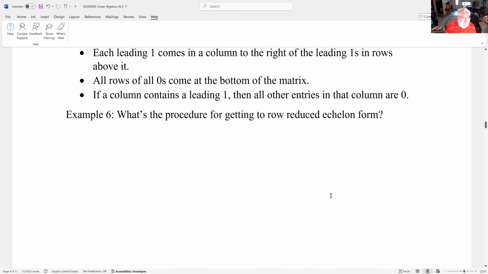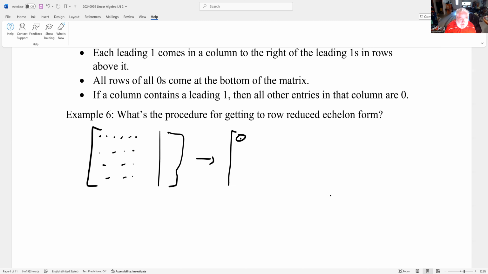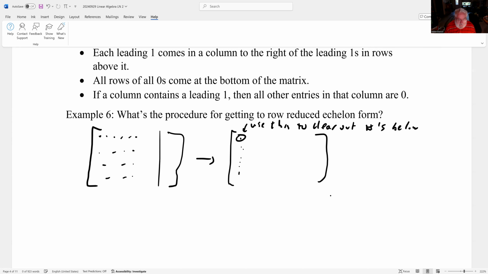So what's the procedure for this? If you're given a matrix, right, and it's full of numbers, dot, dot, dot, just lots of numbers everywhere, what you want to do is pick out the one in the upper left, and you use that to clear out the numbers below so that you end up with a number here, and then a bunch of zeros beneath it.